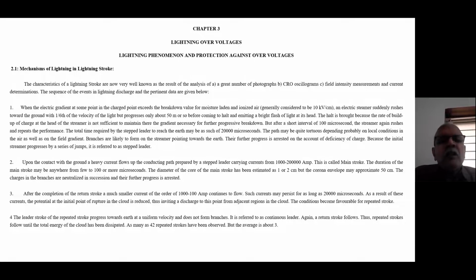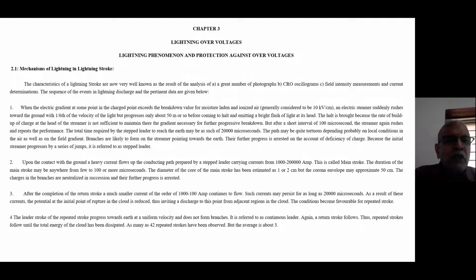Insulation of the equipment will be damaged intrinsically, and it will be damaged within 10 raised to minus 6 to 10 raised to minus 8 seconds, that means 1 or 0.01 microsecond. So very bad, right? So it has to be grounded.